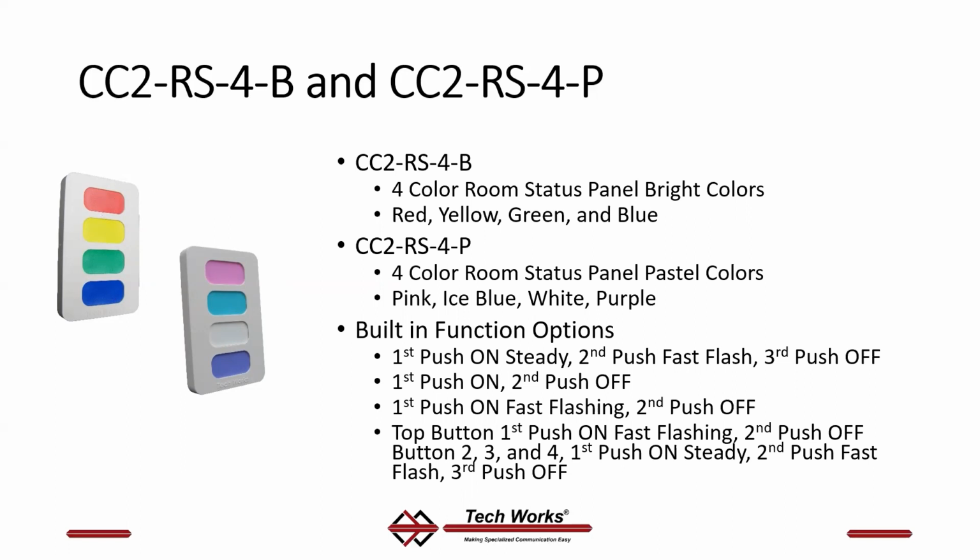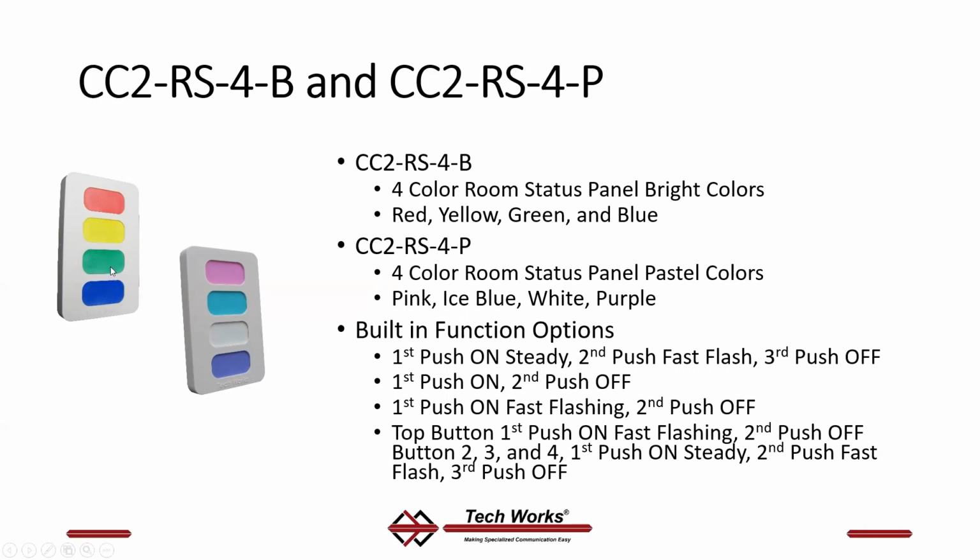Another one of the options is on-off, just on-off, not a 3-stage signaling, but just I push the button, it turns the light on, I push the button again, it turns off. That can be either on steady off or on flashing off, depending on how you set the dip switches. Another one that we found is a lot of people want this system, the bottom three buttons, especially on the bright color station, they want the red to be an emergency call, and they want these other three to be room status. So these three represent staff.